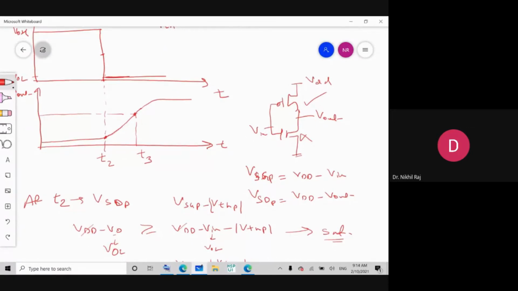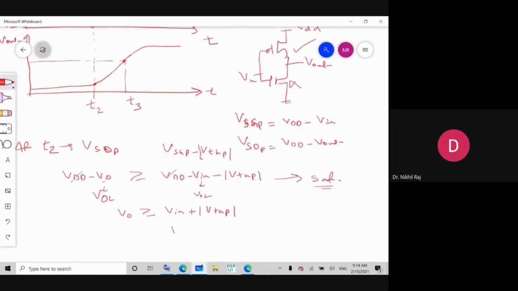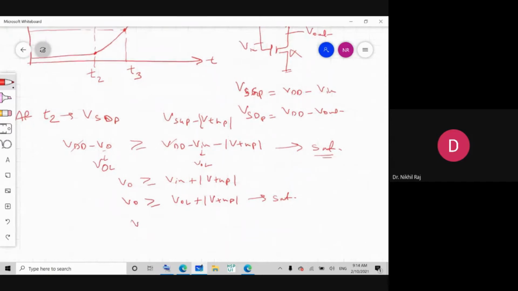So instead of V in, I will write VOL plus mod of VTH of P. This is the necessary condition to maintain saturation. Once this condition fails, that is, once V out becomes less than VOL plus VTHP, it will enter into the linear region.